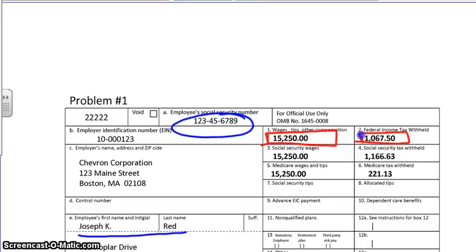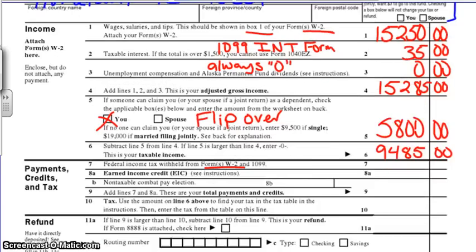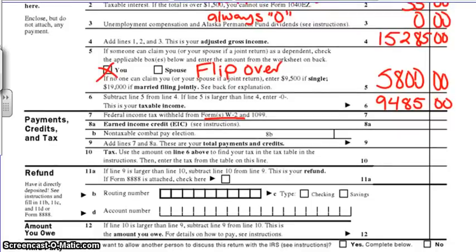So that $1,067.50, we're going to carry that on over to line 7. So I'm just going to make a simple note that says box 2, on your W-2.